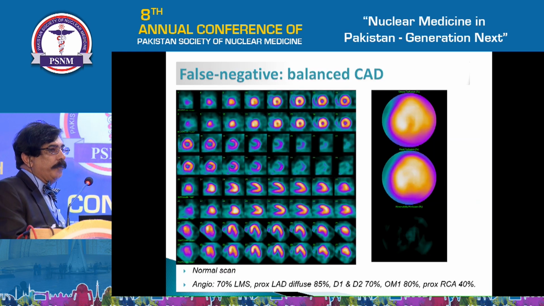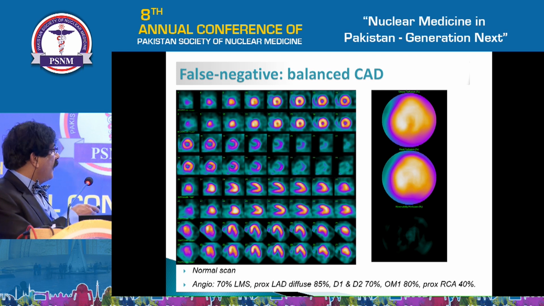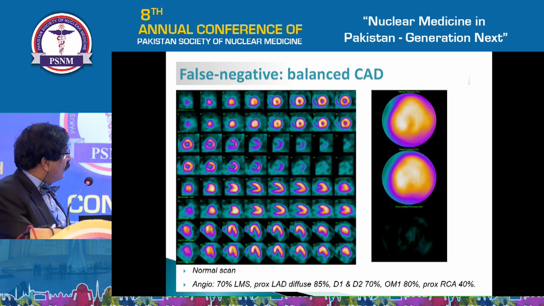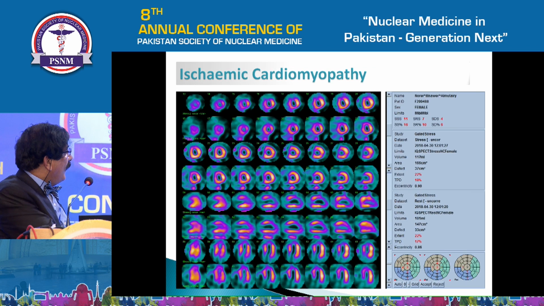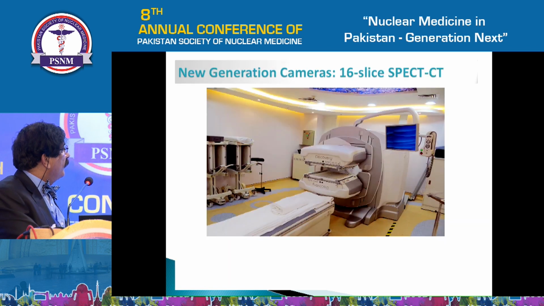And as we well know, the Achilles heel of our nuclear cardiology screening, short of PET, is balanced ischemia, when we cannot see a relative difference, and that is our Achilles heel. We can actually diagnose non-ischemic and ischemic cardiomyopathies.